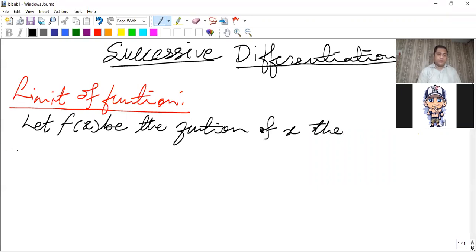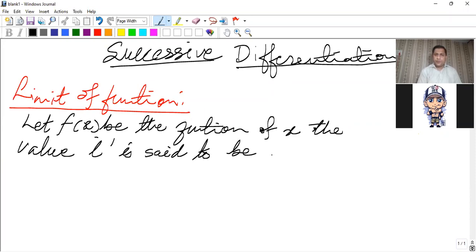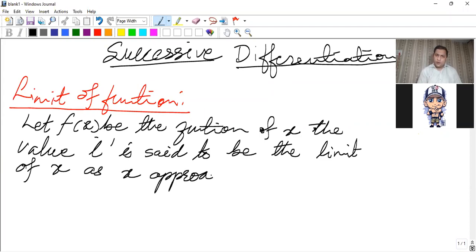The value L is said to be the limit of f of x as x approaches a. If, so what happens so that we say this is going to be the limit?